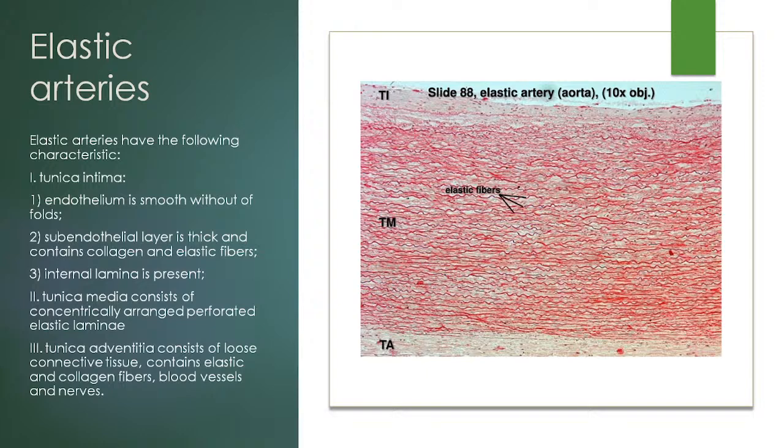First, Tunica Intima. Tunica Intima consists of three layers. The inner one, endothelium, is smooth without folds. The second layer, subendothelial layer, is thick and contains collagen and elastic fibers.